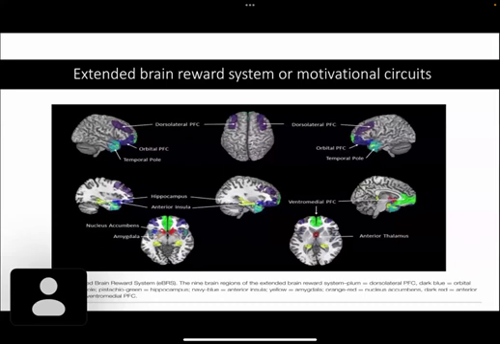So the areas would be dorsolateral prefrontal cortex, orbital prefrontal cortex, temporal pole, hippocampus, anterior insula, ventromedial prefrontal cortex, anterior thalamus, amygdala, nucleus accumbens. All of these combine to form the large-scale cortical network known as the extended brain reward system, which is responsible for any animal behavior which happens in response to any external or internal cues.